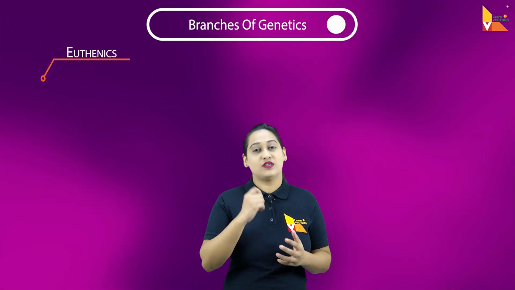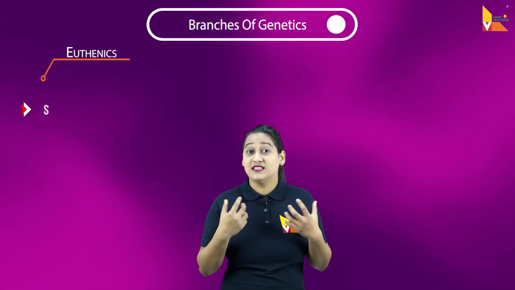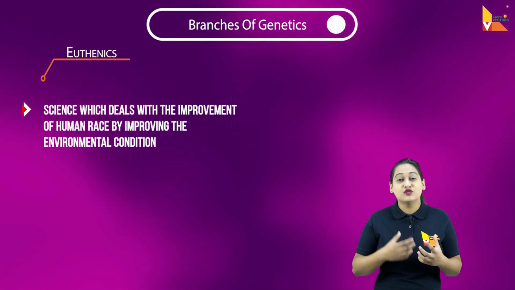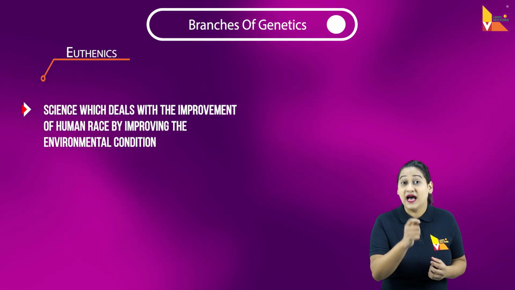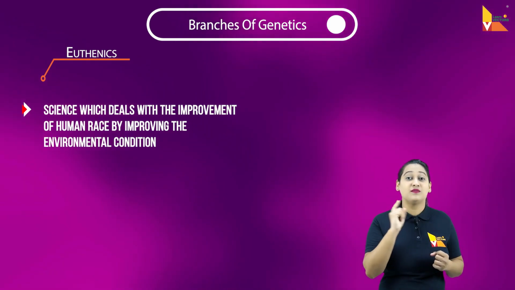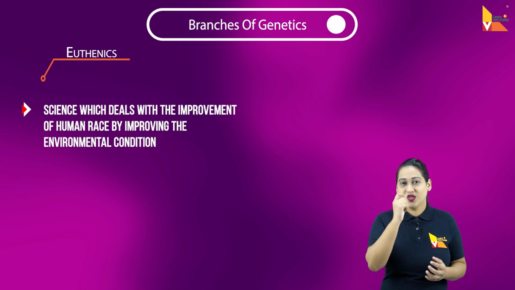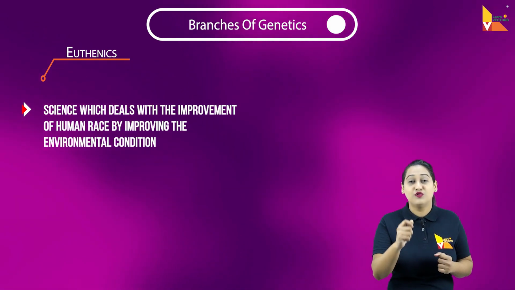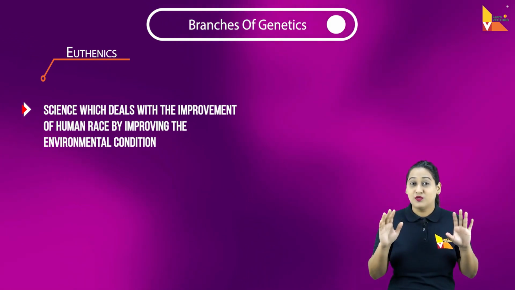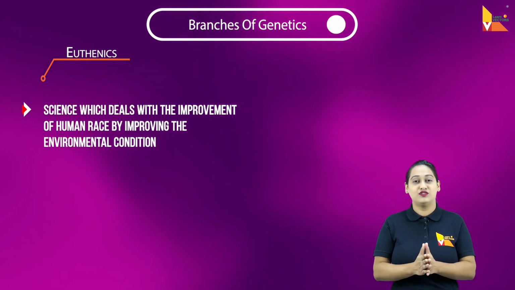The second one is euthenics. It is the science which deals with the improvement of the human race by improving the environmental condition.